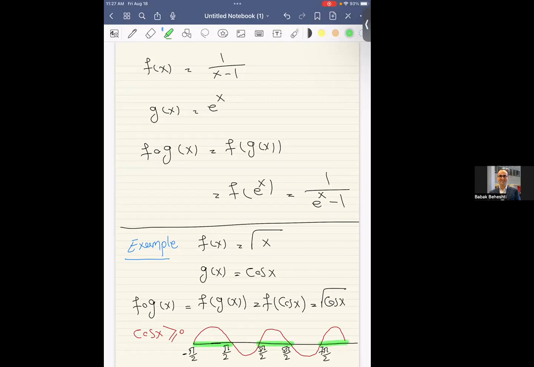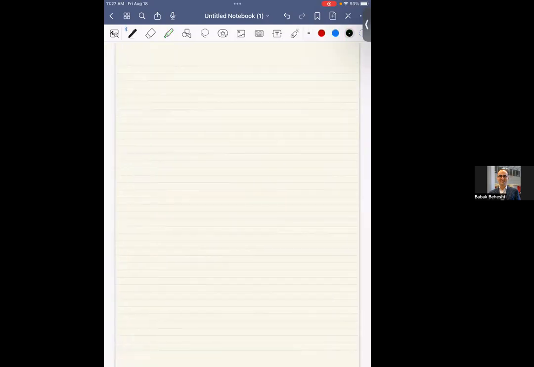You see, on these intervals, cosine is positive. So that means x must be in these intervals, minus pi half to pi half, union with the next one, and then there are infinitely many of them, of course.